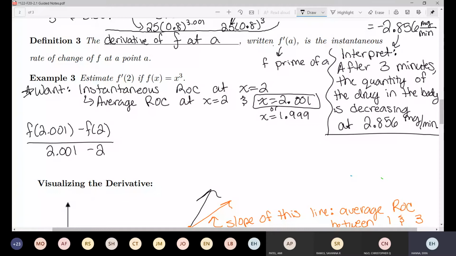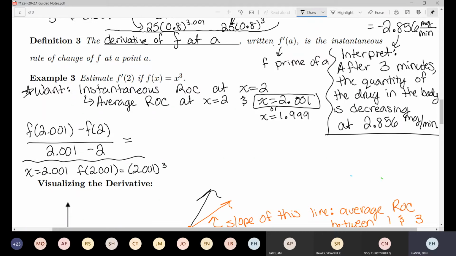So I'm going to plug 2.001 and 2 into x cubed. So let me do that down here. If x equals 2.001, f of 2.001 is going to be 2.001 cubed. Also I should say, when you're doing these, take as many decimal points as you can, because it'll make your answer not only better, but also in terms of Wiley, it'll help.